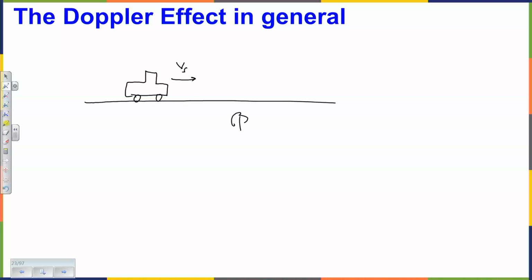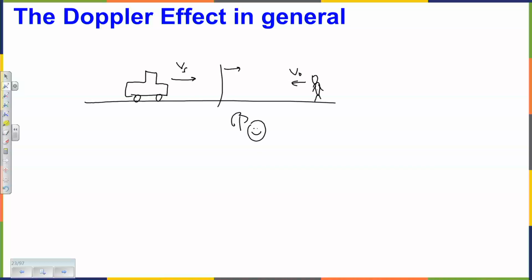And in general, all we have to do is just finish that calculation we have started. So in general, the source might move relative to the ground. An observer might move relative to the ground.